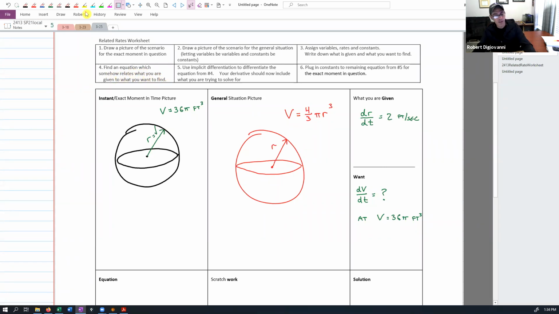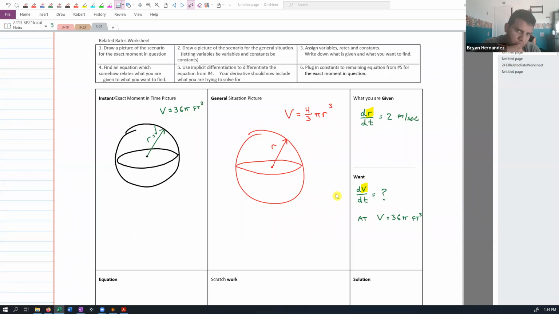So Brian, is Brian Hernandez here? Yes. So I said when you're going for the equation, you want to find an equation that relates that variable to that variable. Any equation you can come up with that relates the radius to the volume for a sphere?